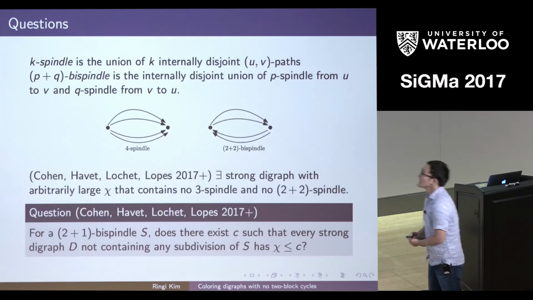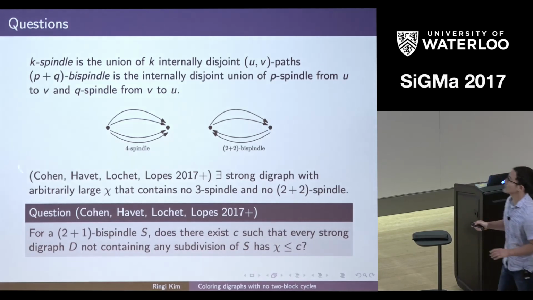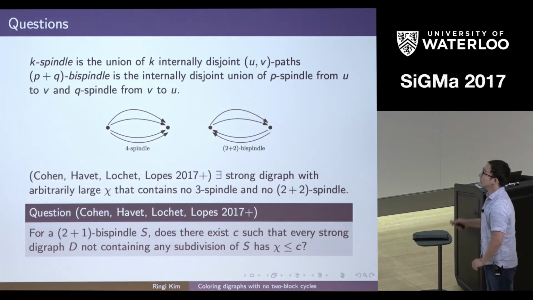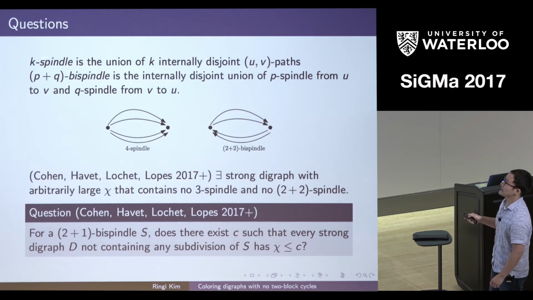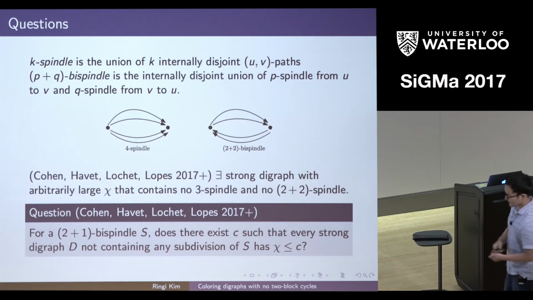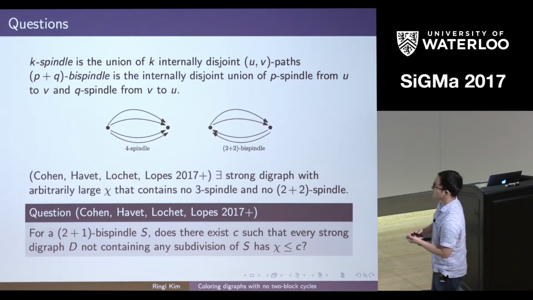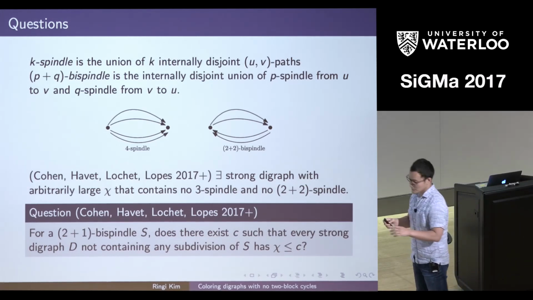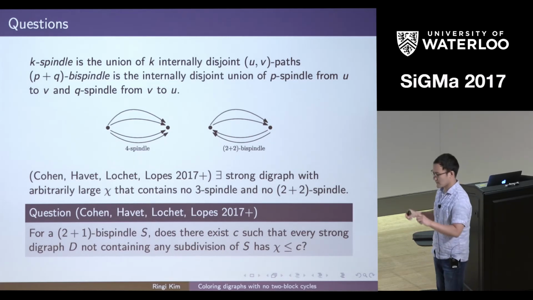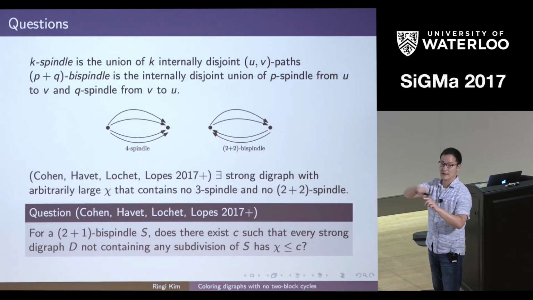And in a recent paper, Cohen, Havet, Lochet, and Lopes introduced these two objects, k-spindles and P plus Q bispindles. They are kind of generalizations of two-blocking cycles. A two-blocking cycle consists of two maximal directed paths.